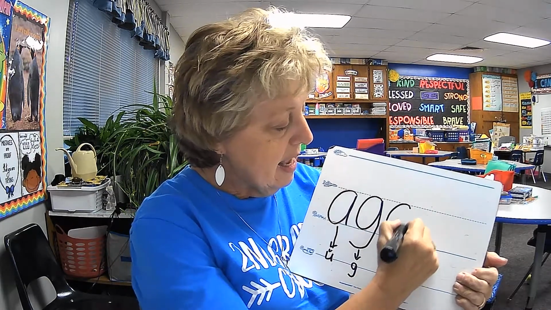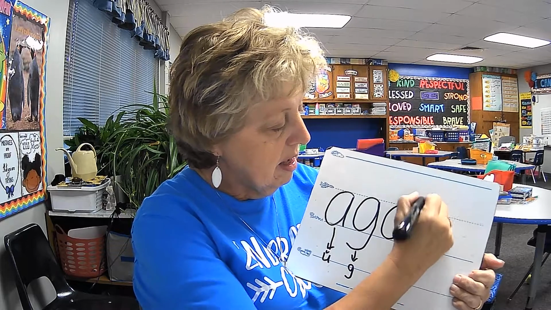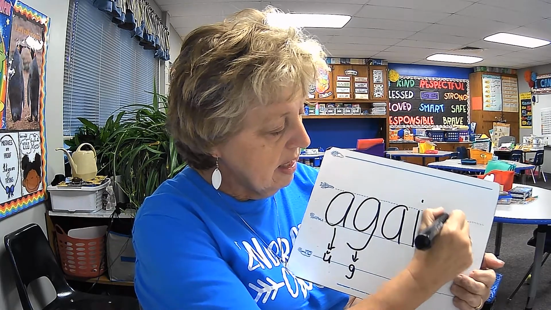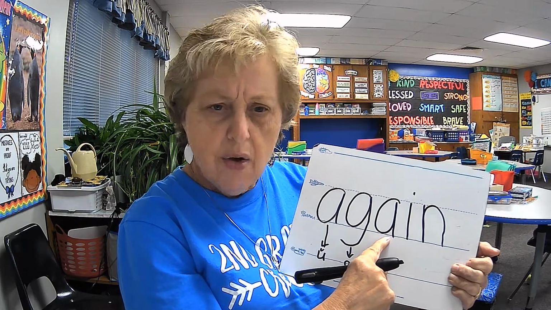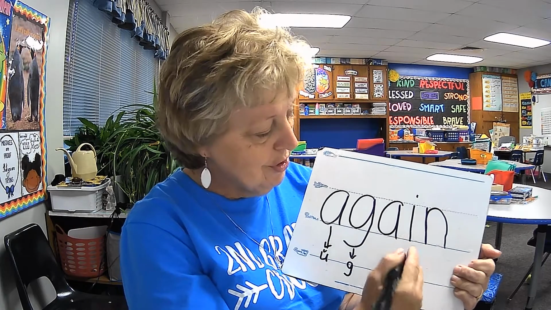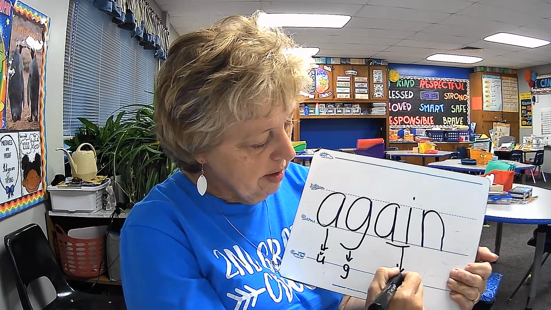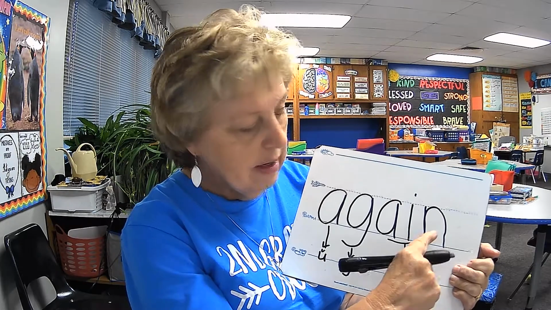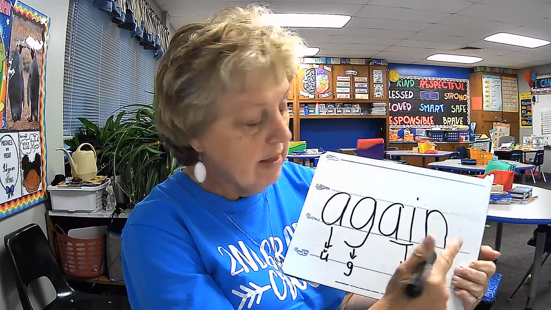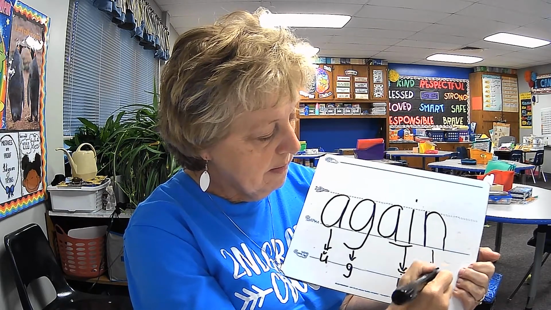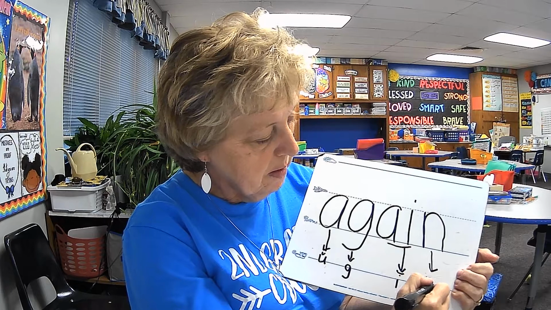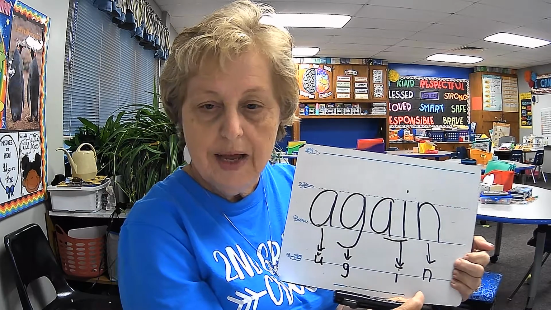It has A, I, N. Again. What about this A? Do you hear the A? No, it's silent. Do you hear the I? Yes, you do. So you're going to bring down the I, short I. Do you hear the N? Yes, we hear the N. And there it is. Again.